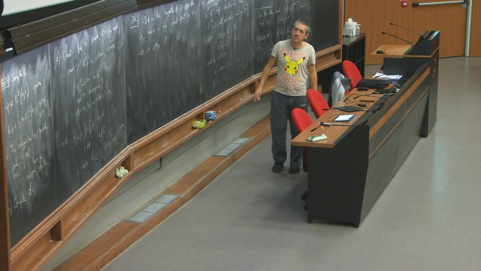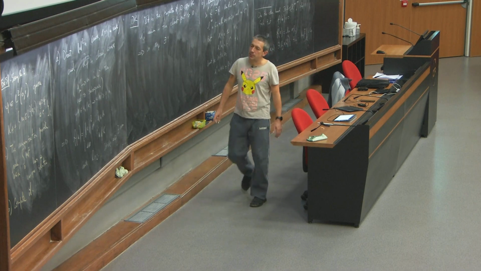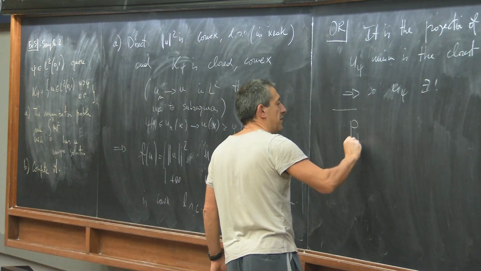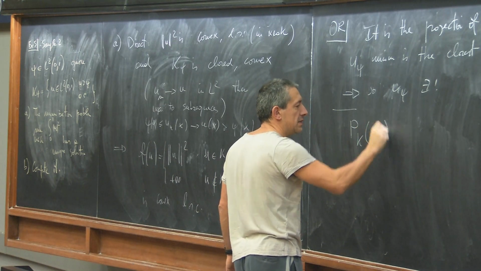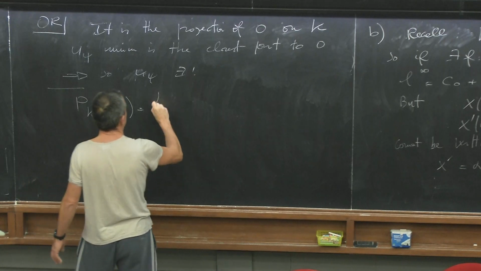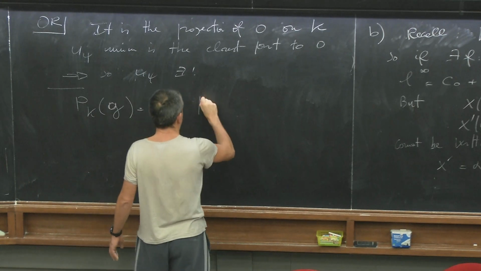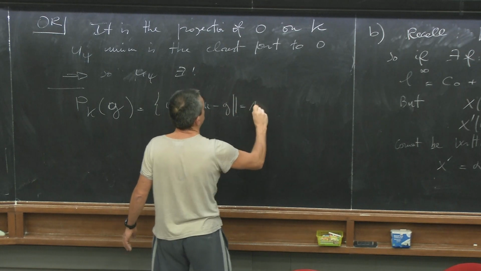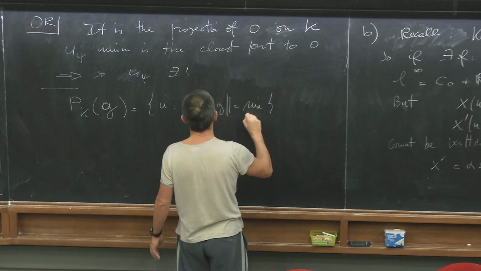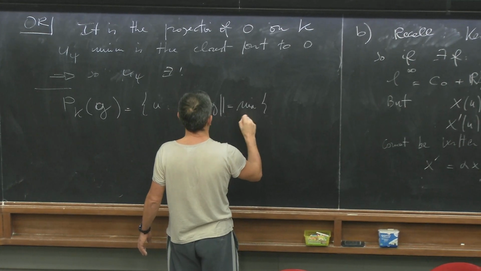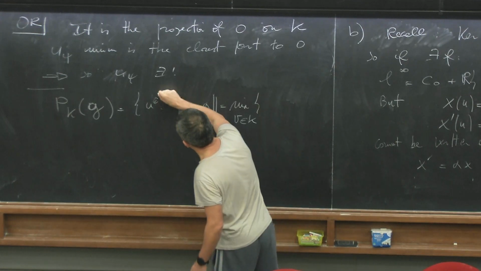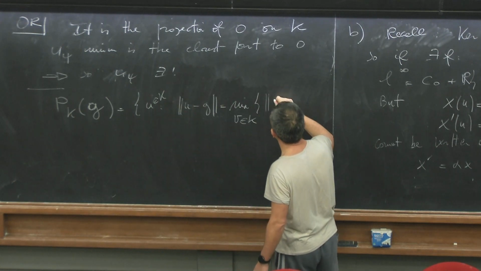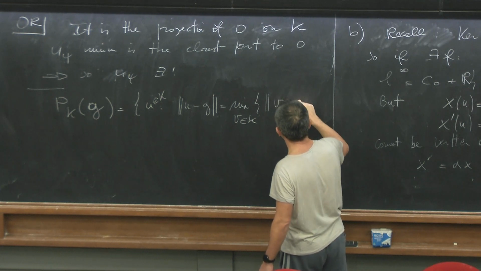Professor, how do I rigorously write this second statement? It is the projection of 0. Oh, because what is the projection of a point? The projection onto K of a value, let's say g, is the u in K such that the norm of u minus g is the minimum over all v in K of the norm of v minus g.